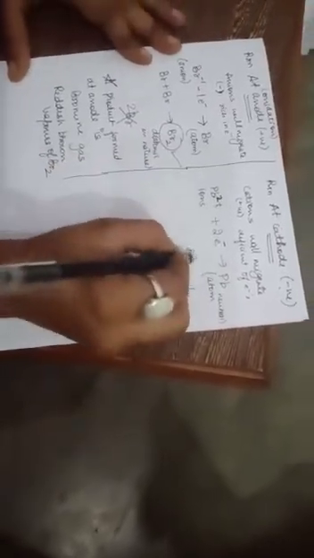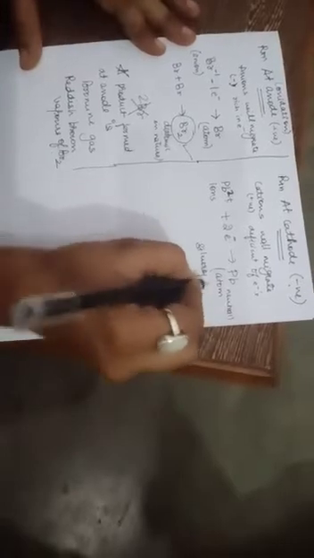Now what is the product formed at cathode? The product formed at cathode is silvery gray deposit. Silvery gray deposit of lead is seen at cathode.